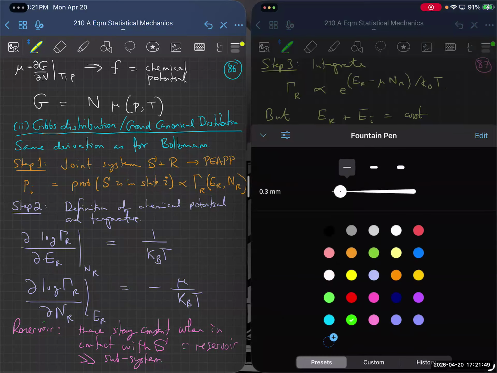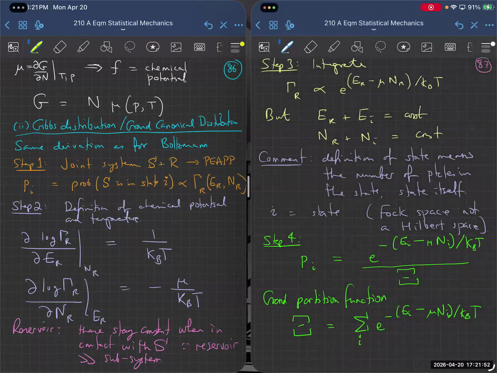And this result is the famous Gibbs distribution or grand canonical distribution.